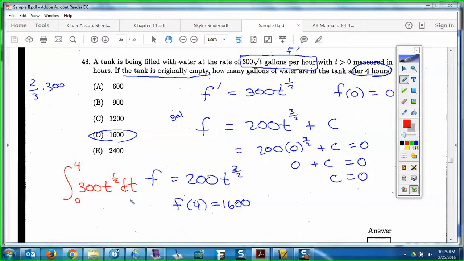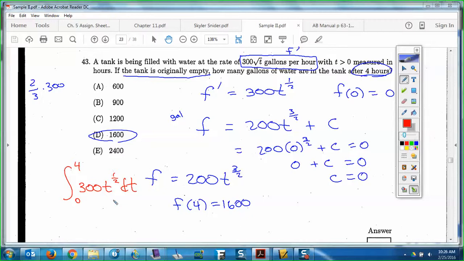But since the tank was empty at the start, this integral actually gives us that. And now on our calculators, since this is a calculator problem, we can just type that in. That's one of the things we'll do: set up these integrals and then just type them right into our calculator. It's going to give you 1600. A lot less work than doing the other way.